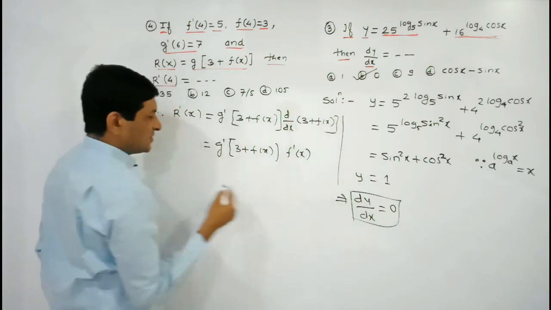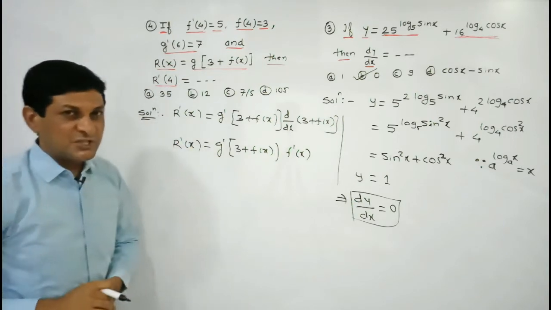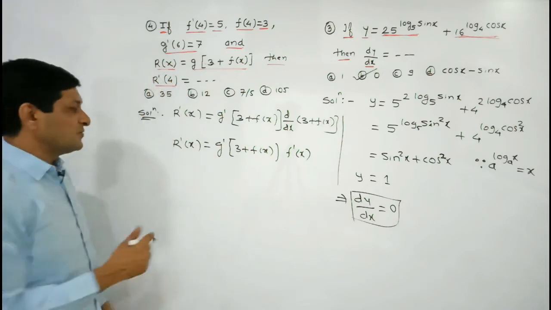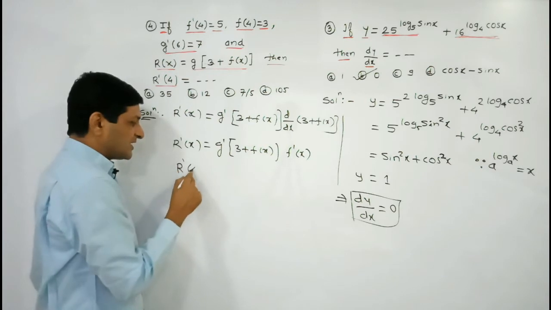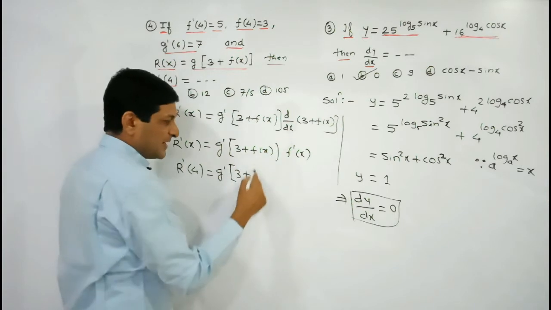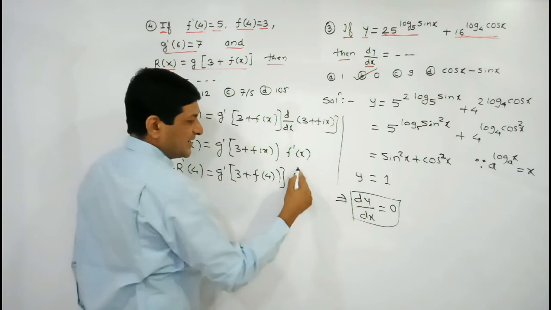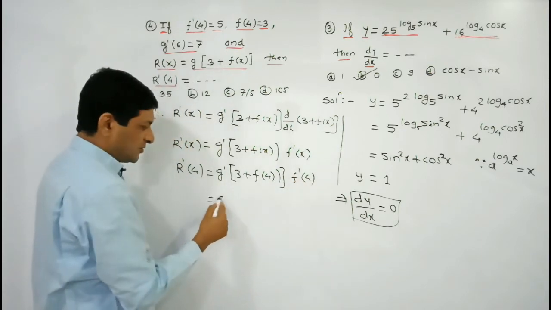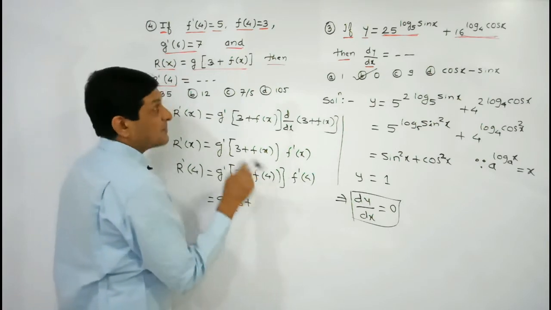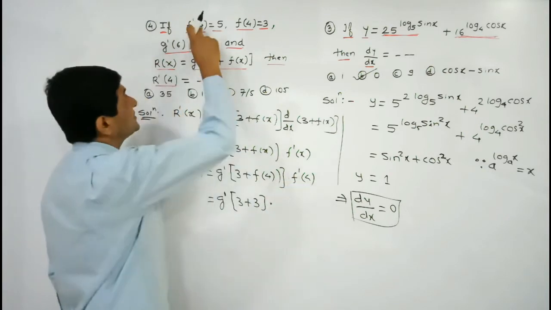So here the value of r dash of x is known to us, means differentiation is known to us, but the question is to find out this derivative at x is equals to 4. तो x की वैल्यू हम 4 substitute कर रहे हैं, x is equals to 4. On this side see what we'll get, 3 plus replace x by 4, so here we'll get f of 4 and into here we will get f dash of 4, so which is equal to g dash, keep it as it is, 3 also as it is, plus f of 4 I am replacing by its value is equal to 3 into f dash of 4 is equal to 5.